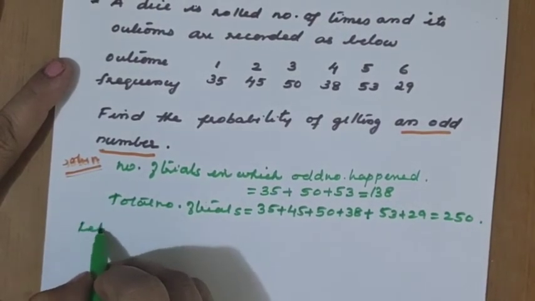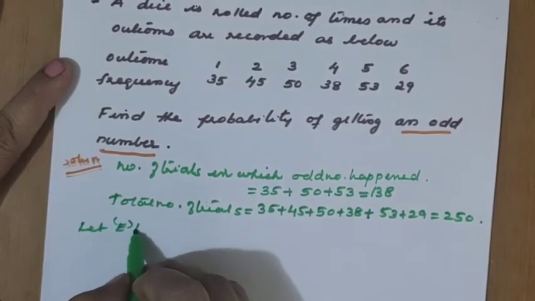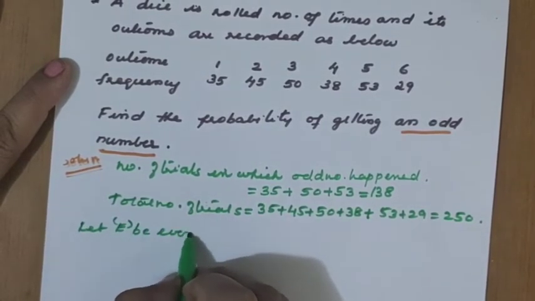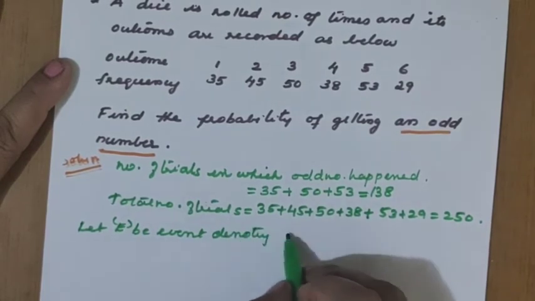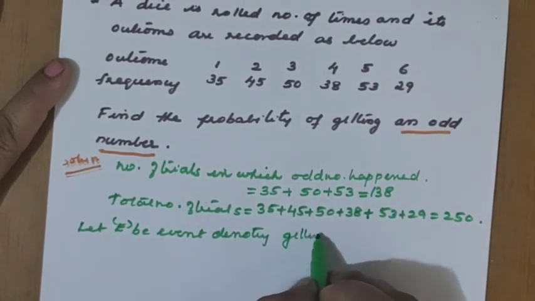So what should we start now? Let E be the event denoting getting an odd number.